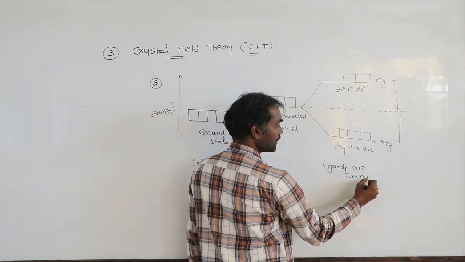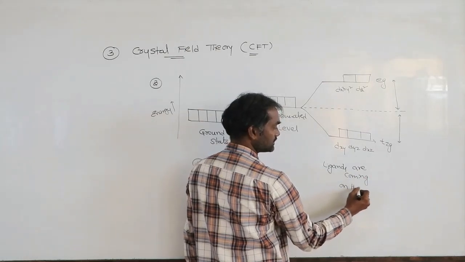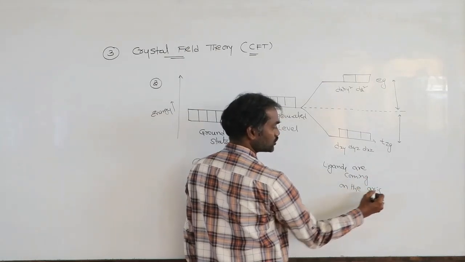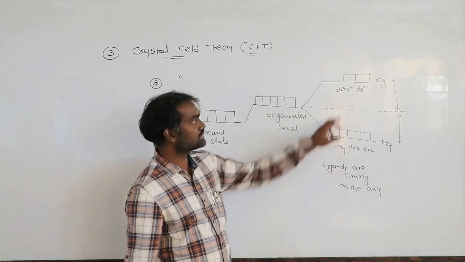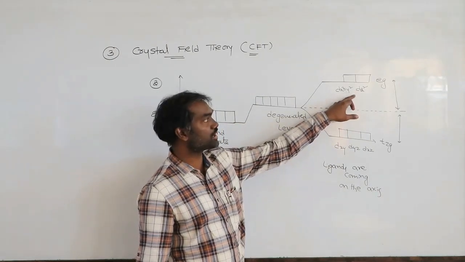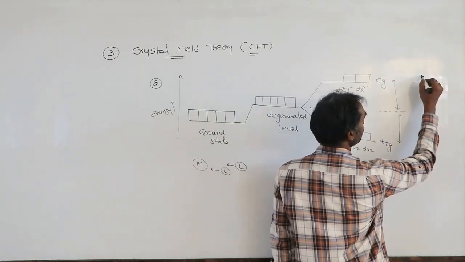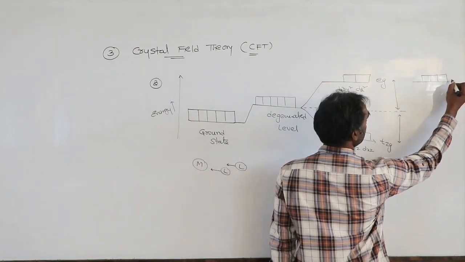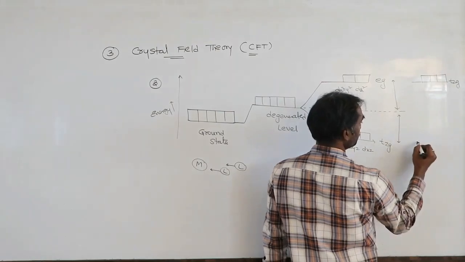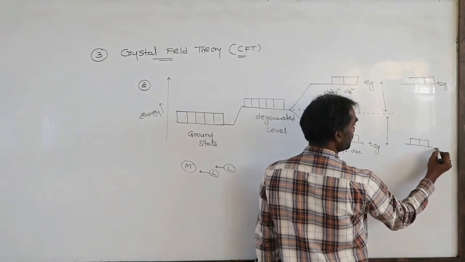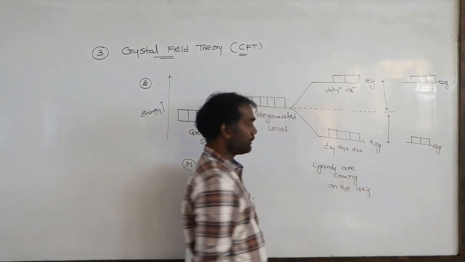Ligands are coming on the axis. Who is present on the axis? EG orbitals. They feel more repulsion and their energy increases. So T2G is below, EG is above.